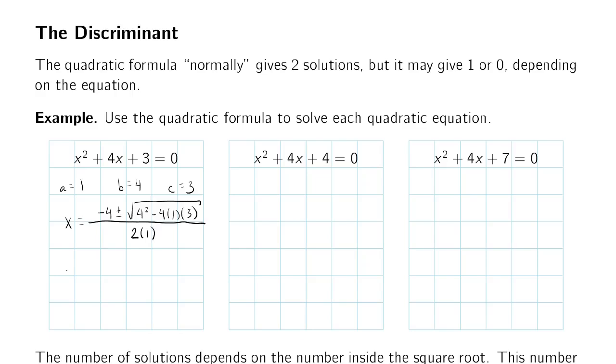So that'll be x equals negative 4 plus or minus the square root of 4 all over 2.